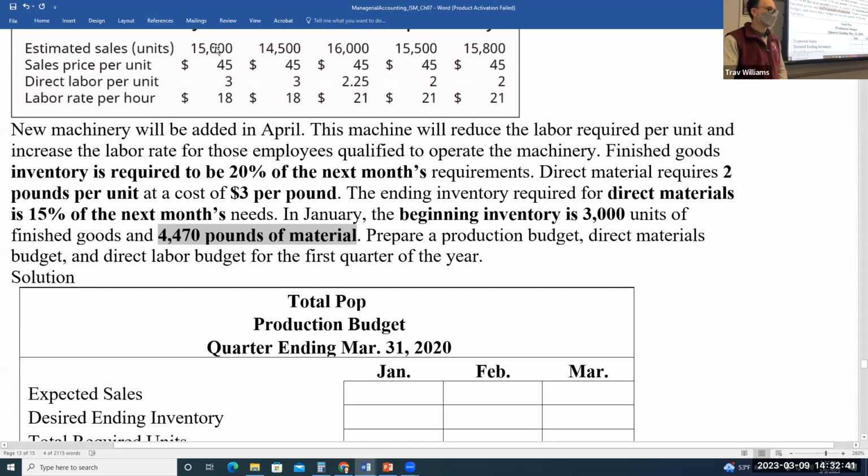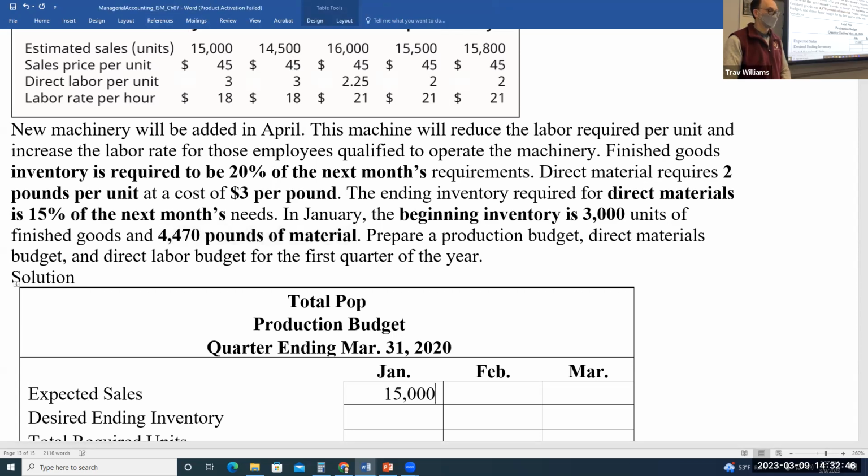Okay, so expected sales we have up here. Again, we're only doing the first 3 months of the year. They told us that the finished goods inventory is required to be 20% of the next month's requirements. So what would be our ending inventory in January? 2,900? Okay, so that's 20% of February.